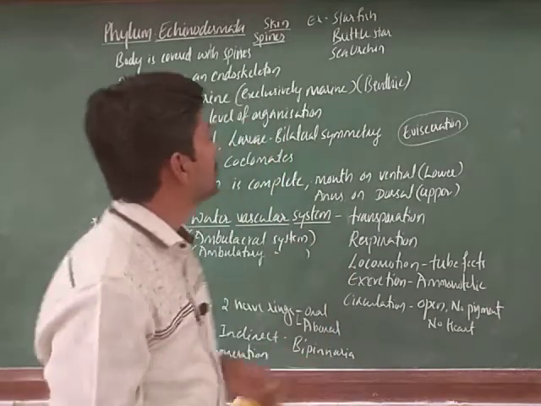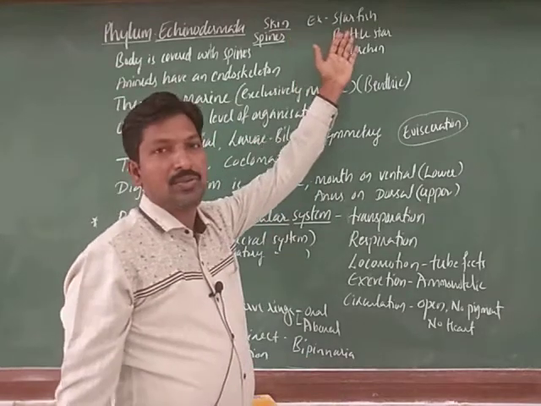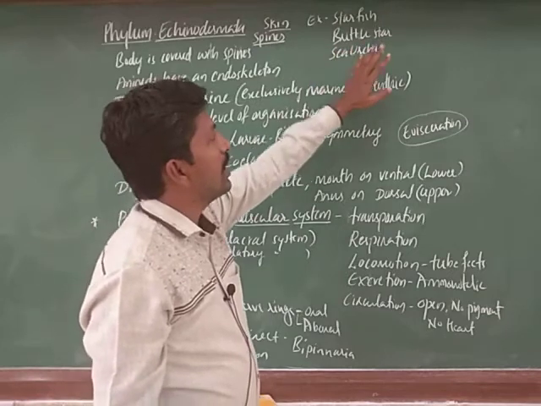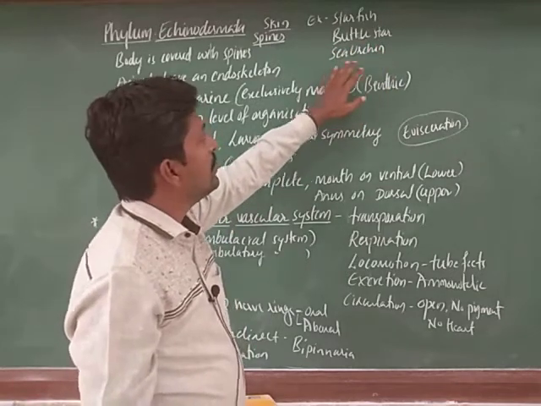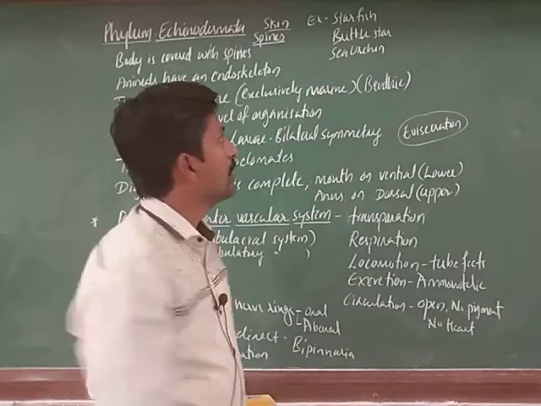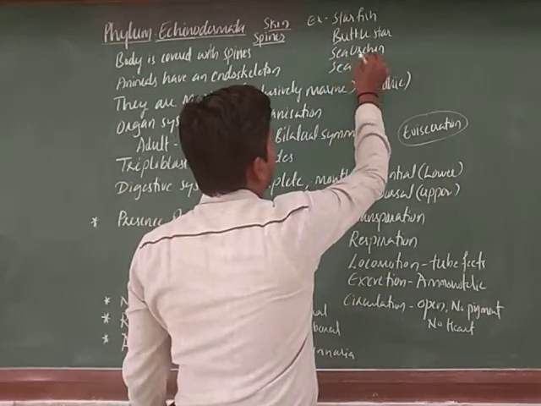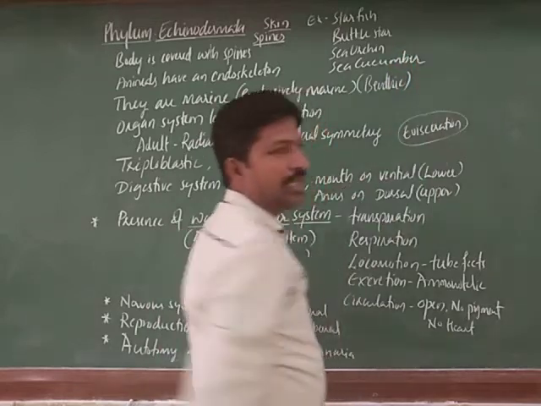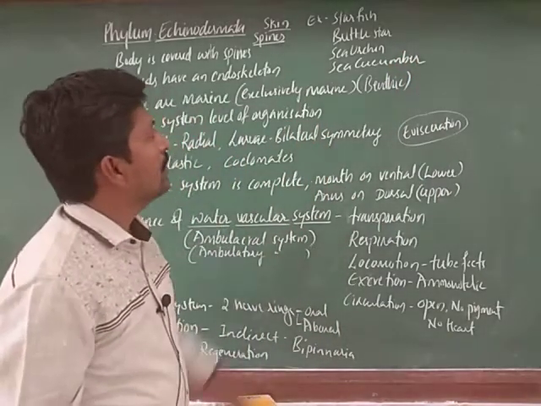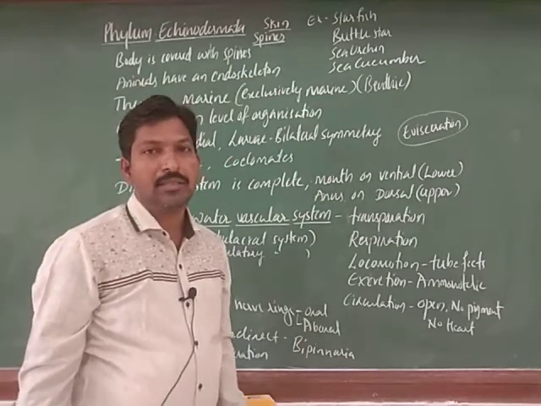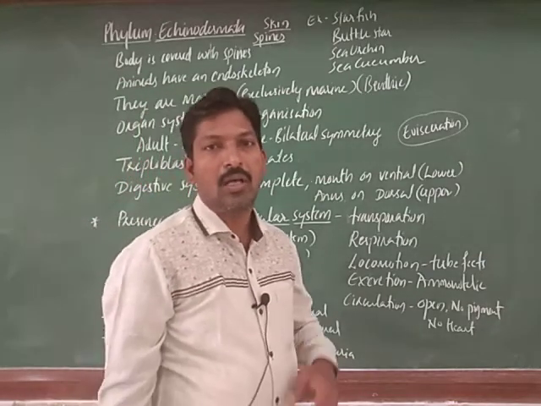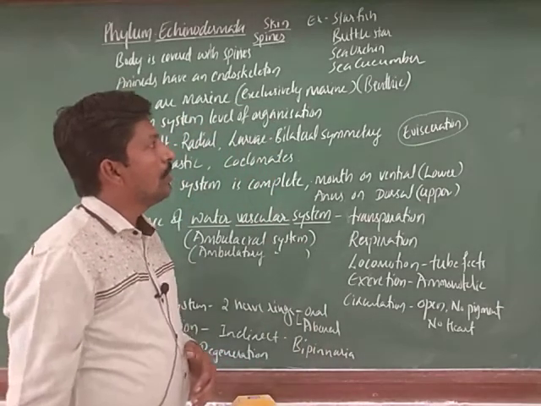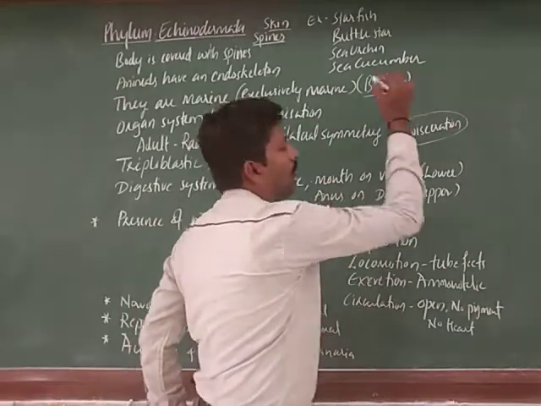There are some examples. Let us take starfish, as you know the most popular example, and brittle star, sea urchin and sea cucumber. There are many examples we can take. These are exclusively marine, meaning they are found in the ocean or marine water. They are also called benthic forms of living beings.